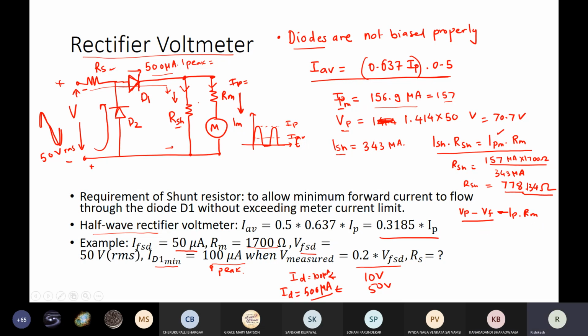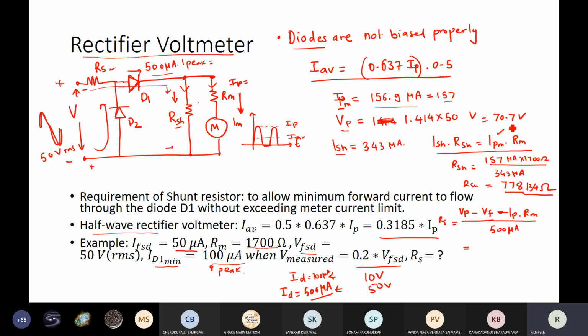This will be the voltage across which resistance? RS. And how much is the current flowing through RS? Add ISH and IPM. That is 500 microampere.